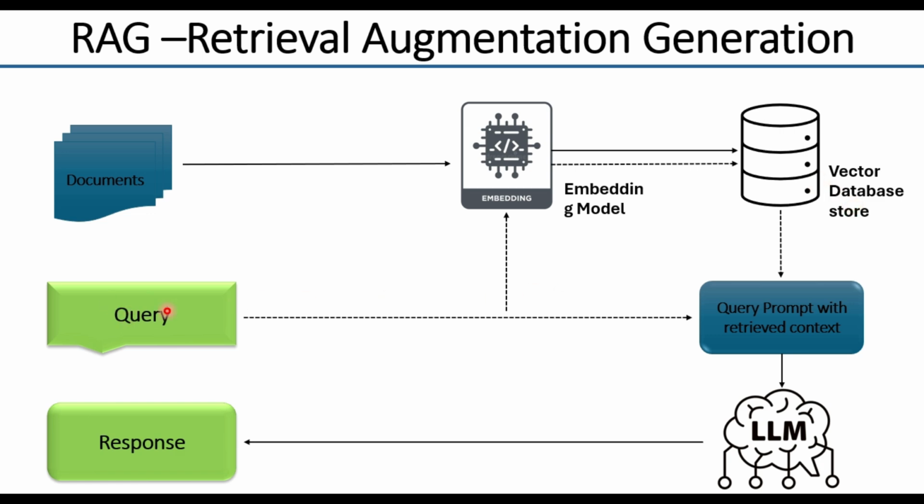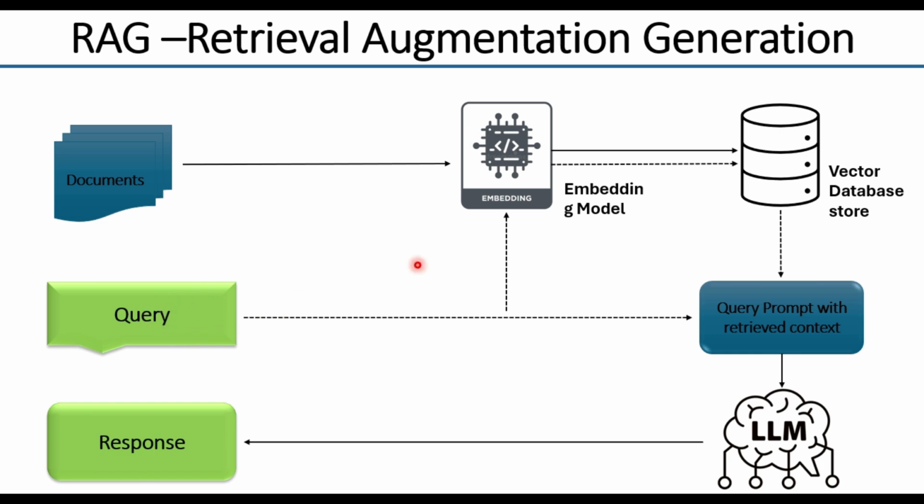The query which the user writes is also passed through that embedding model, and the query embeddings perform a similarity search against the documents, and we get the relevant documents with respect to this query.